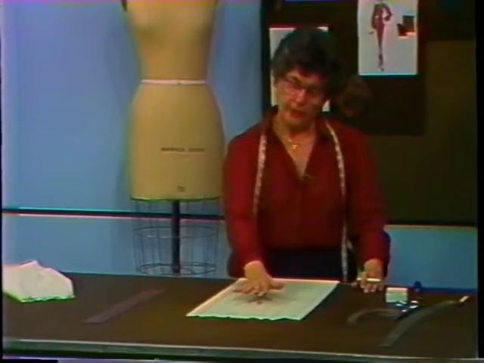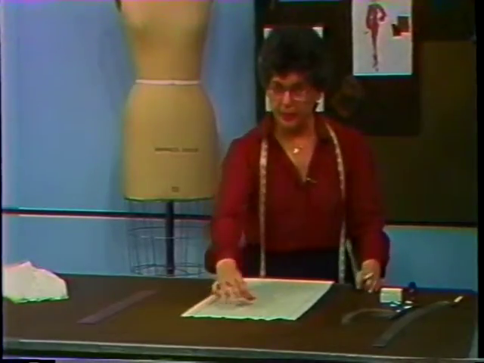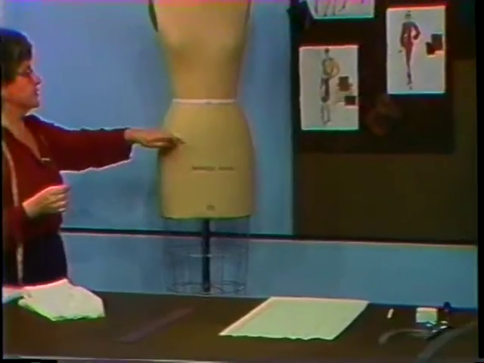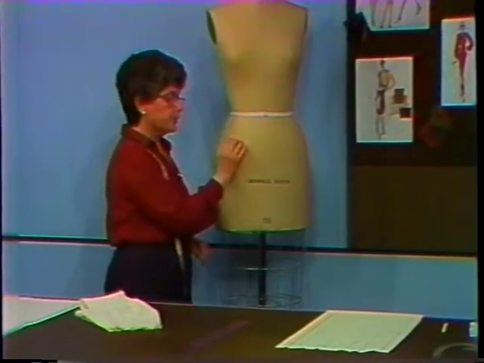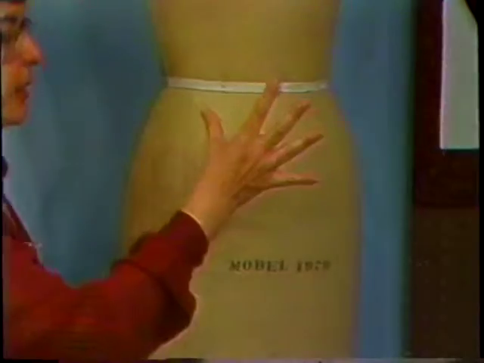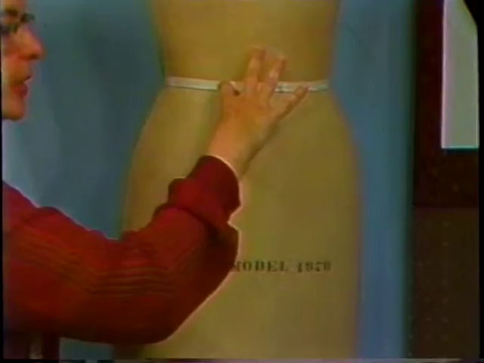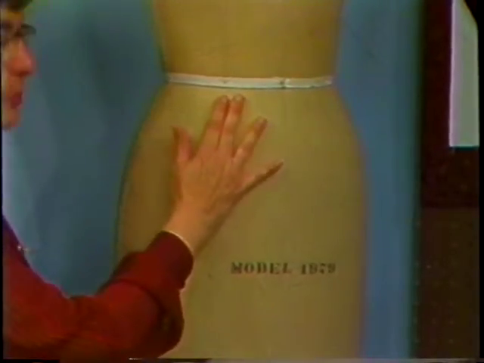The darts in the front are short, and the reason they are short is because the body curves according to the hip bone. The hip bone is somewhere around 3.5 to 4 inches from the waistline. That's an average measurement. We're not using measurements here.